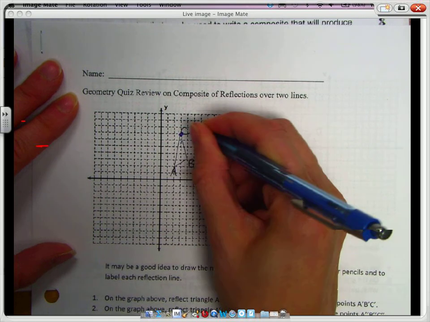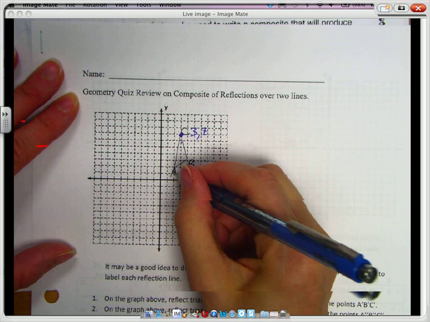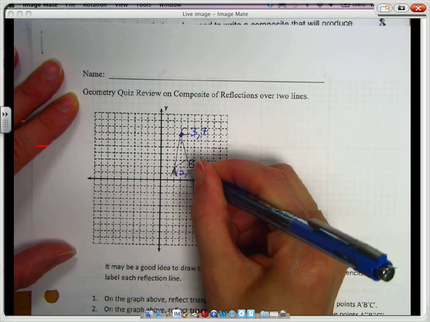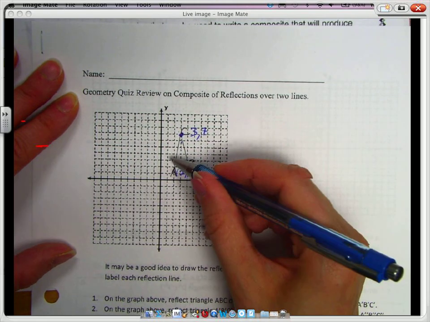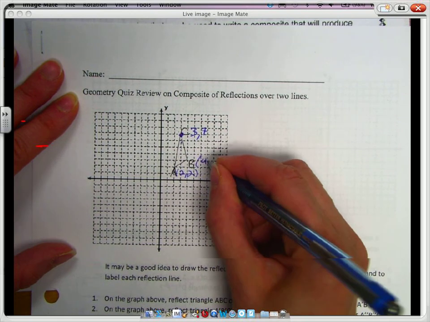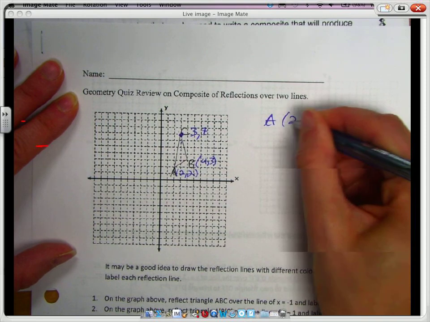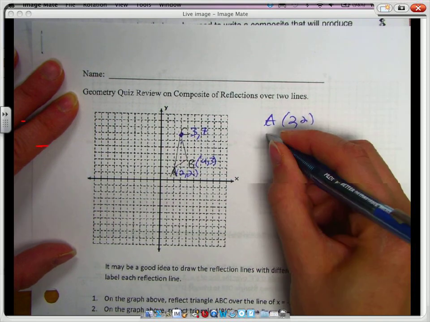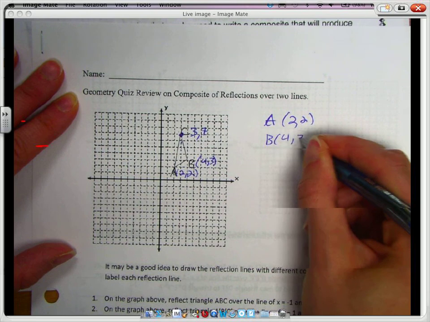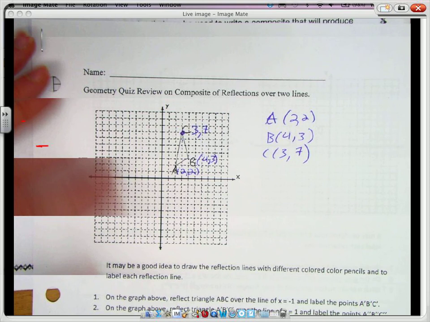So this is 3, 7. This point right here is A is 2, 2. And B is 1, 2, 3, 4, 3. So again, A, 2, 2, B, 4, 3, and C, 3, 7. We okay with that? I think that one was pretty clear.